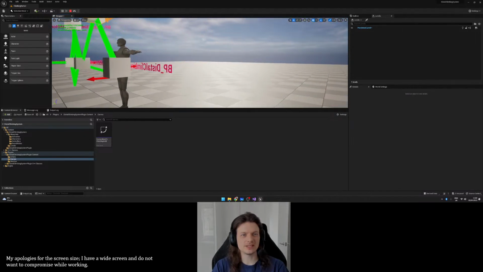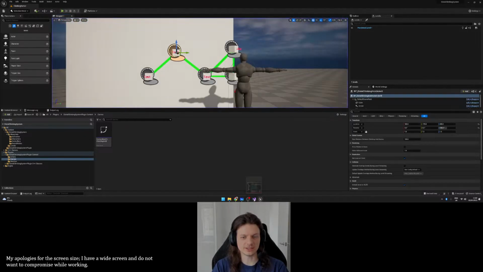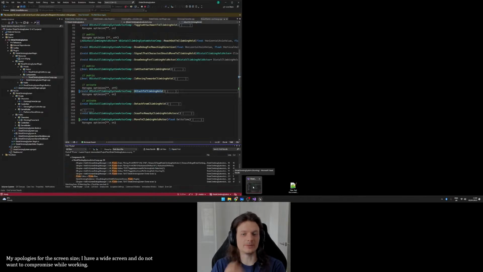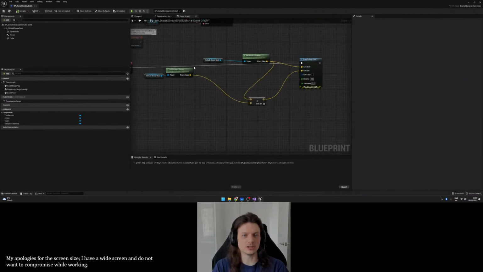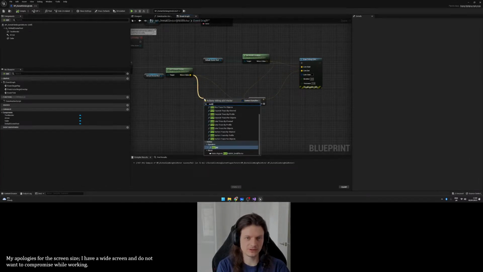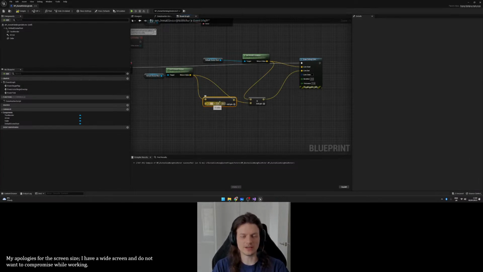Okay, so it's probably 0 at the moment, right? Because we're just adding a forward vector, or maybe it's just 1, right? So then we need to multiply it by a value. So the forward vector multiplied by some arbitrary value. Let's do it by, I don't know, 50.